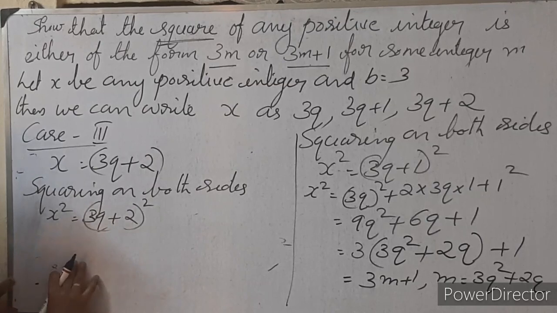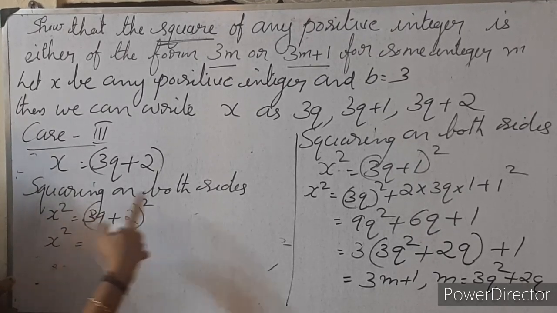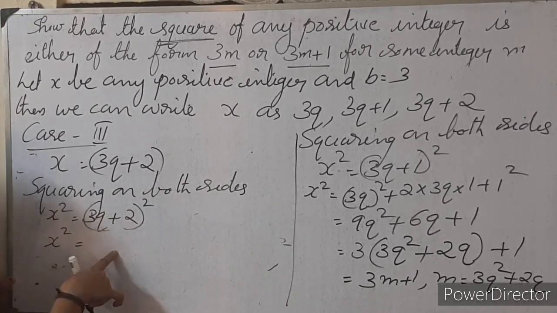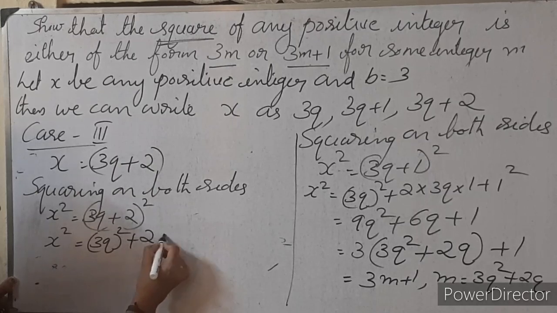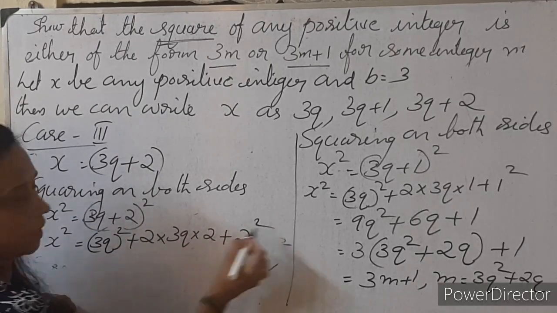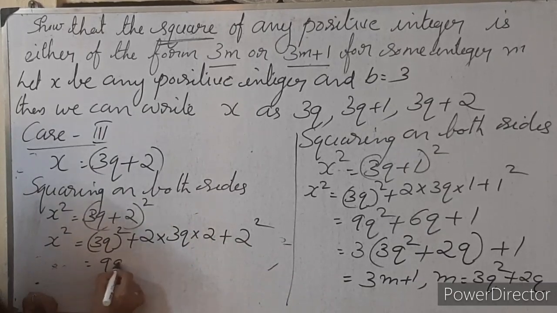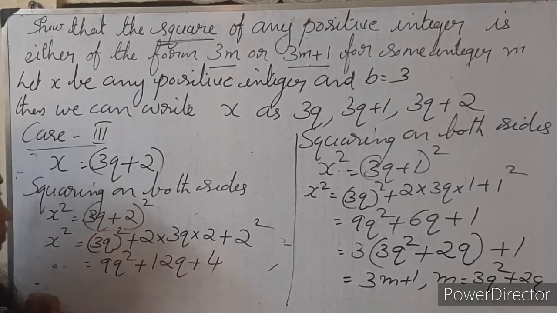In the same way as we expanded before, using the identity a plus b whole square: 3q whole square plus 2 into 3q into 2 plus 2 square. That is equal to 9q square plus 12q plus 4.